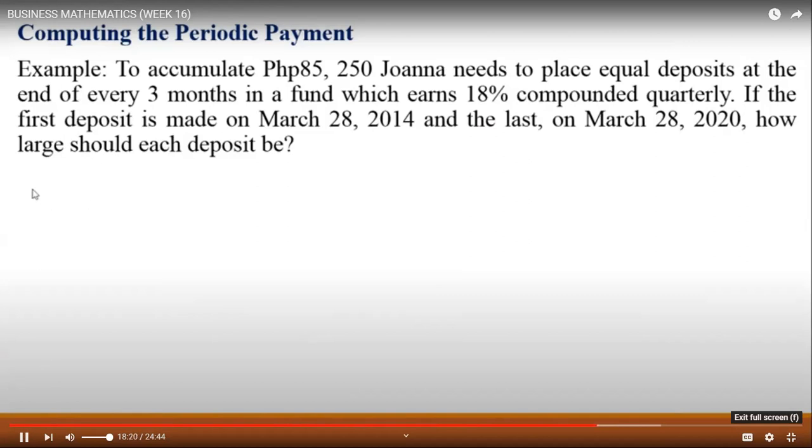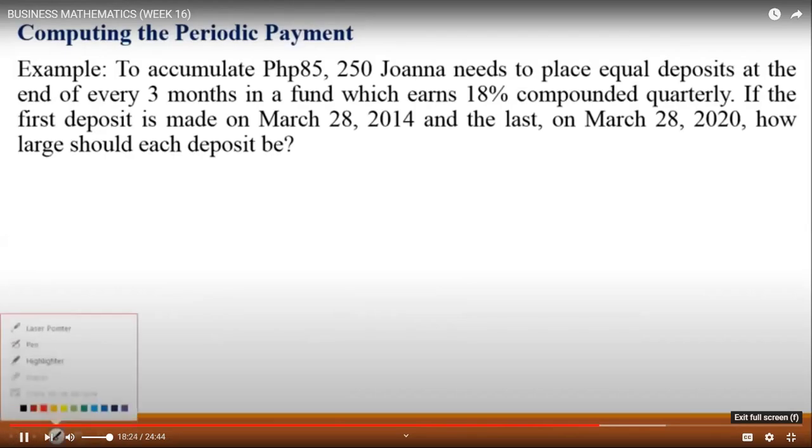So we have to identify first our given. Yung mga given natin dito sa problem.